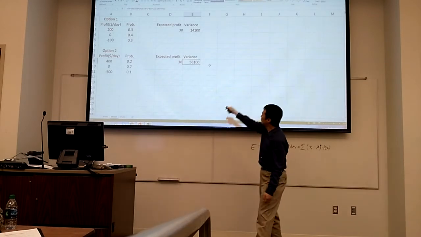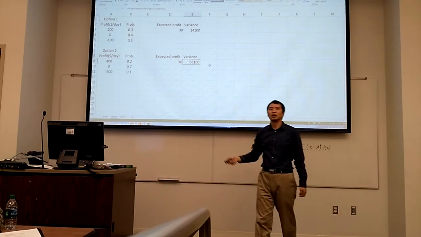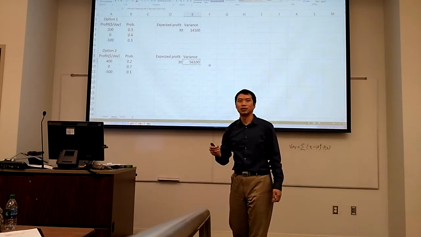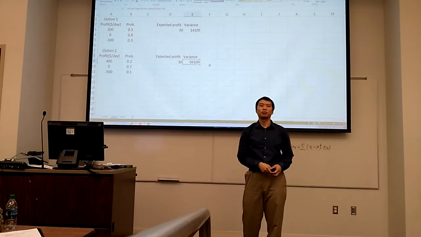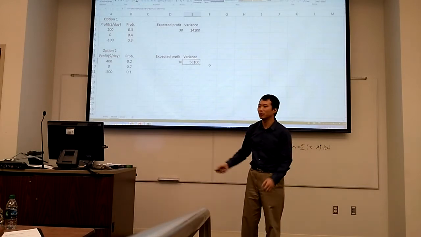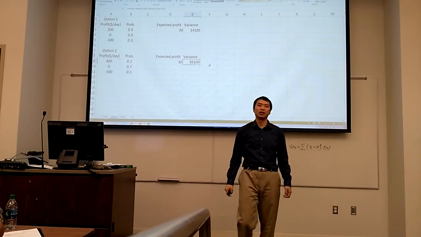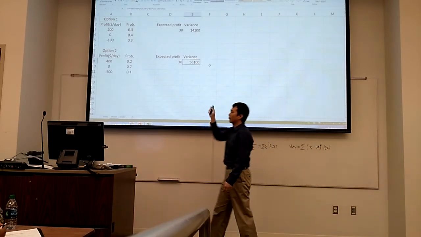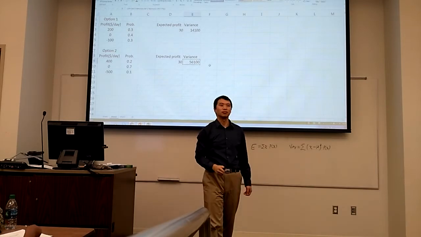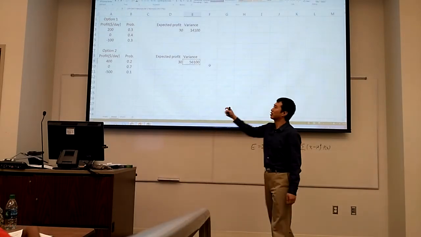But the problem is, this one is highly uncertain. Although you can have the chance to make $400 per day, it is also possible that you lose $500 per day. Okay? So that's why, if you have the same expected profit, you may need to consider the variance.